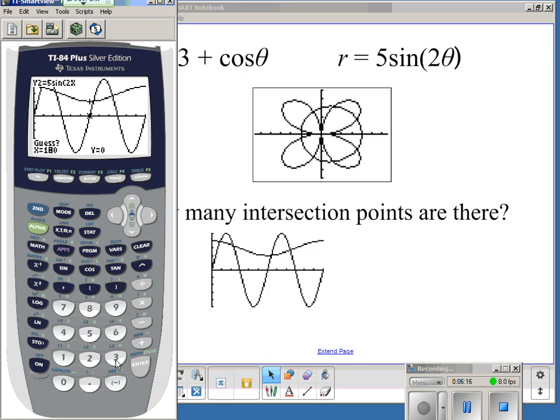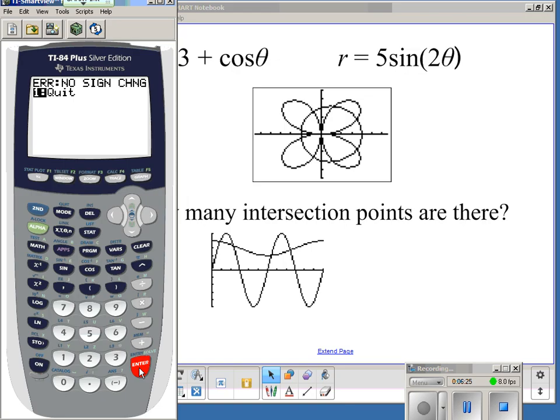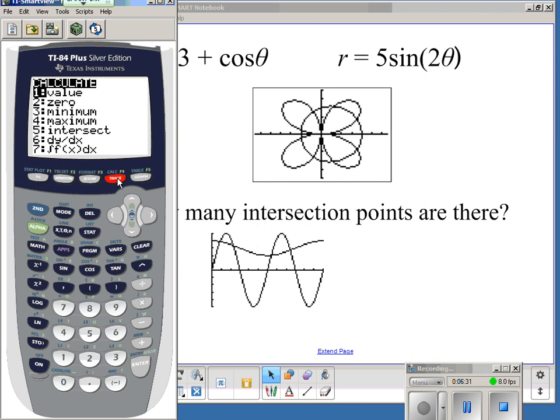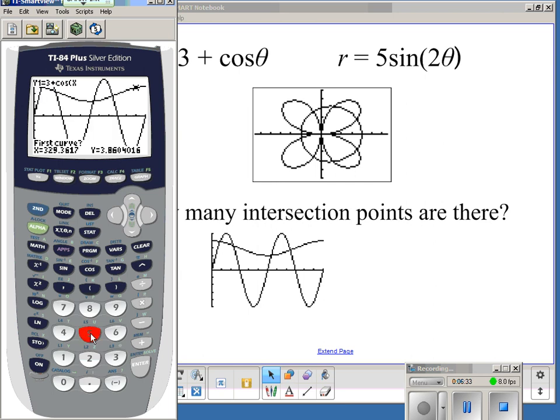I see my first one is somewhere around 30. Whoops, not 330. That's not what I wanted to do, but it'll work. It'll just get me the one at the end. Oh, no sign change. Let's try again. Second trace, I want to intersect. So let's do first curve, second curve. I want it to be about 30 degrees. And so there's my first intersection.